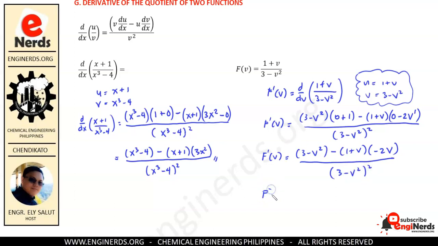So f prime v is equal to 3 minus v squared minus or plus, because we have negative here, negative times negative is positive, we'll have 2v times 1 plus v over 3 minus v squared squared. So I will not expand this further, no, kasi this is already the simplified form. If you want, you can do so, but for me, I will stick on the simplified answer in here.